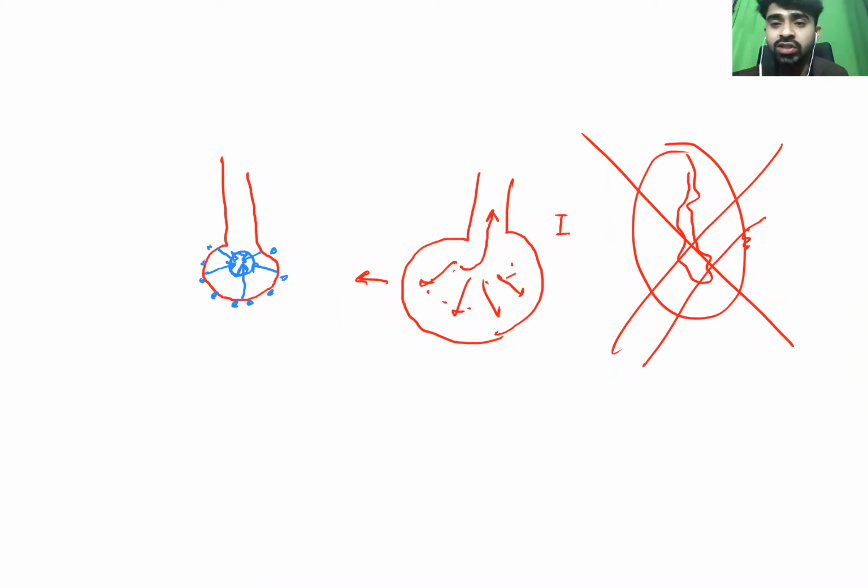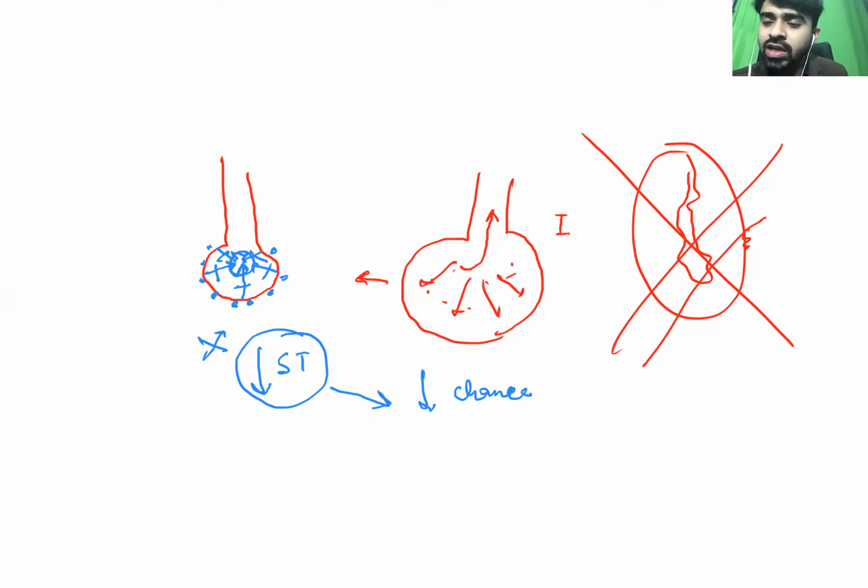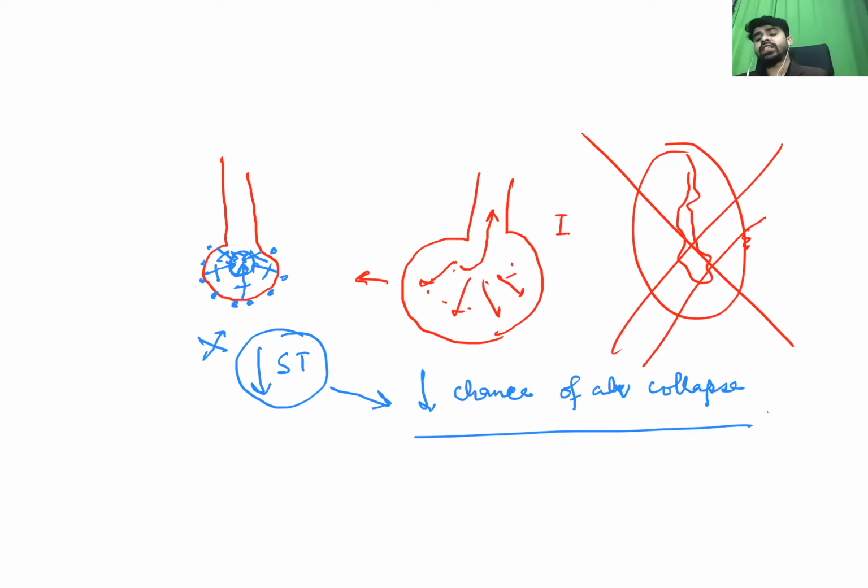It's called surface tension. If I decrease this force, what is the purpose of surfactant? To decrease surface tension. So if you can decrease the surface tension, you can decrease the chance of alveoli collapse. And this is the role of surfactant.